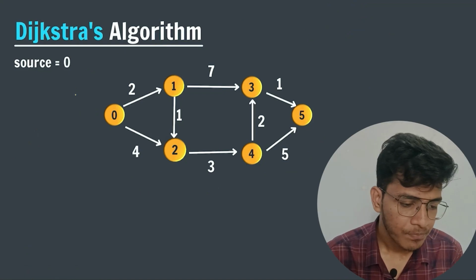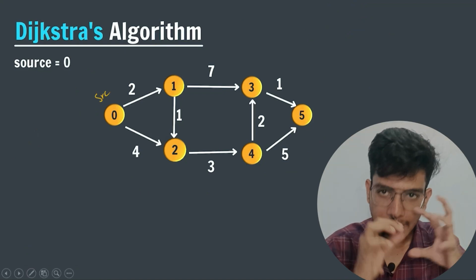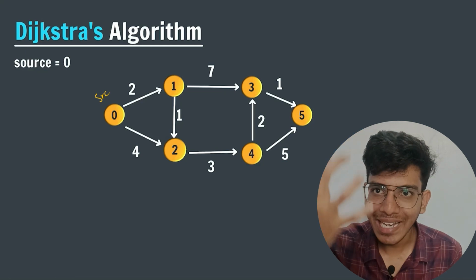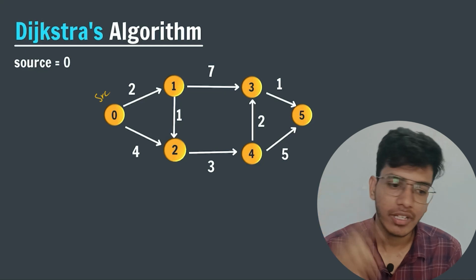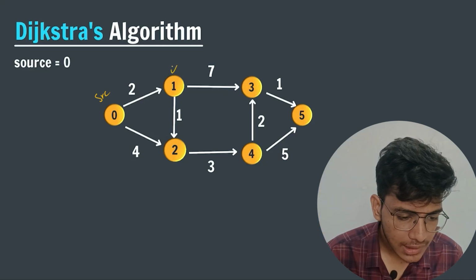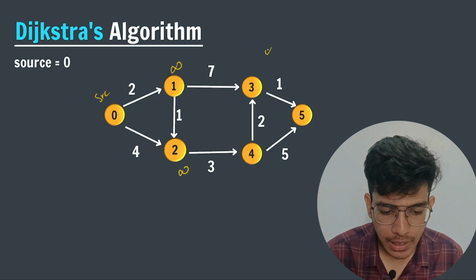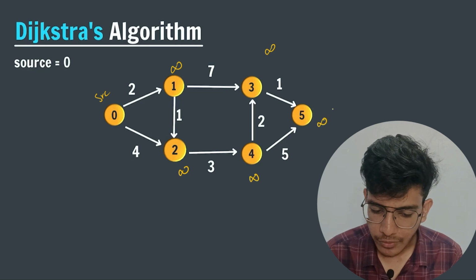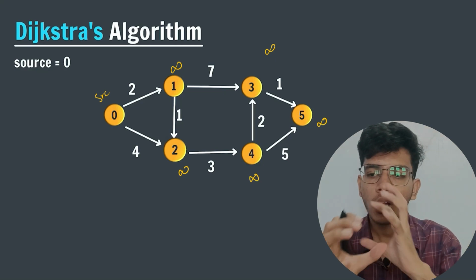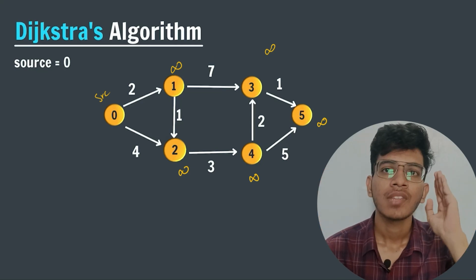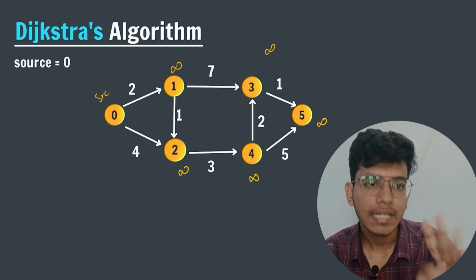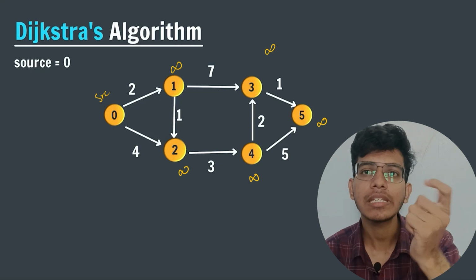Initially this is my source node. Except the source node, I will assign all the corresponding node distances as infinity, infinity, infinity, infinity, infinity. Now I will make the source node my u node.